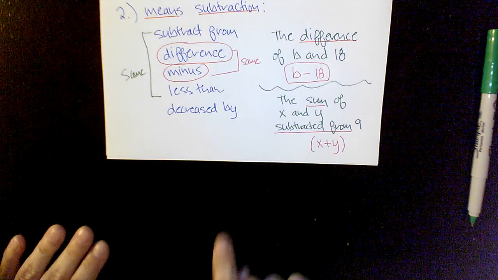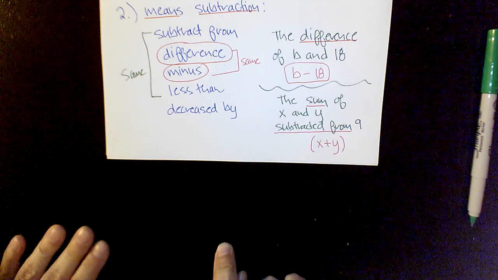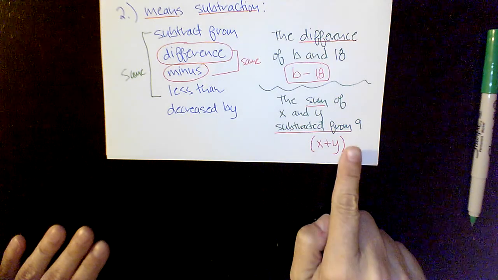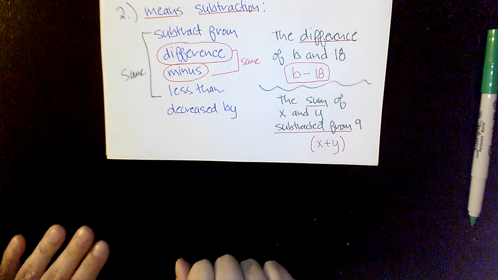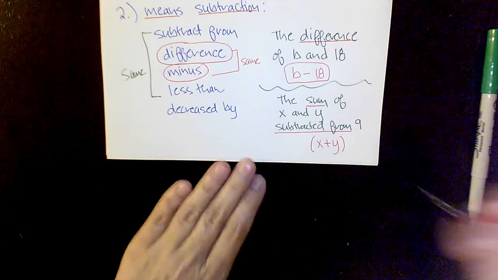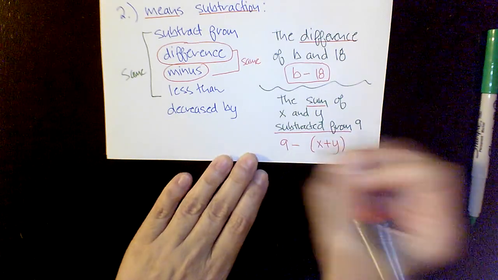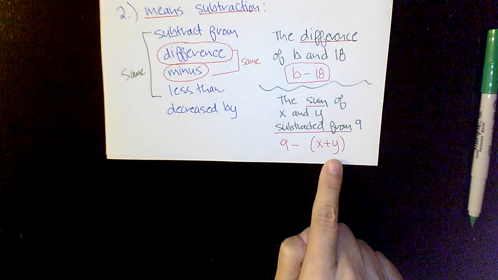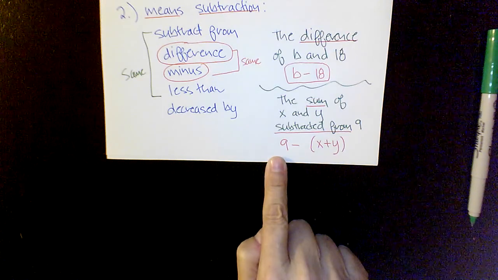Now subtracted from 9. Subtracted from is different from difference and minus in that the 9 comes first. We're subtracting this x plus y sum from 9.